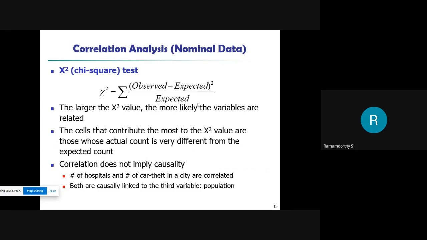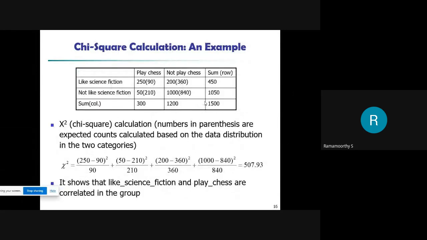There is no direct relationship between the number of hospitals and the number of thefts in a city, but still you can correlate them by introducing the third variable, the total population, right?